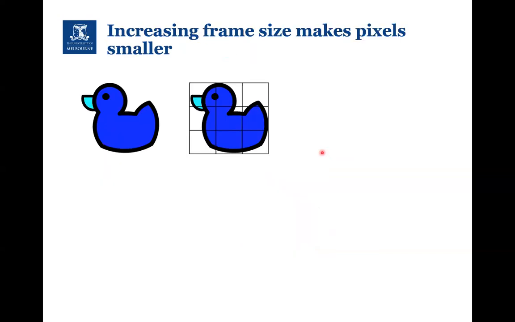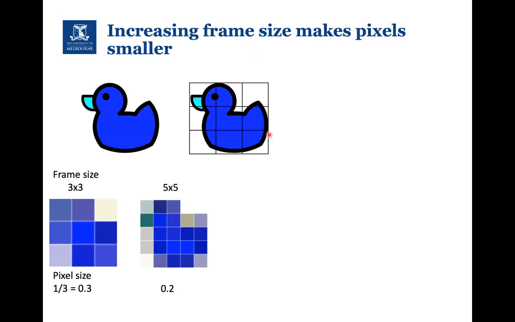Okay, so in this case we have an image of a blue duck, and what we want to do is pixelate that and turn it into a digital image. We're going to go through a little example here.